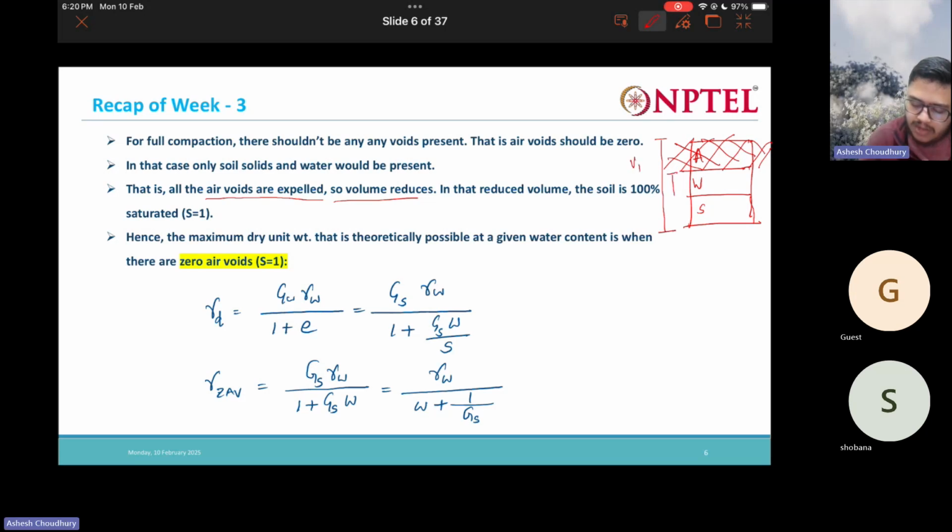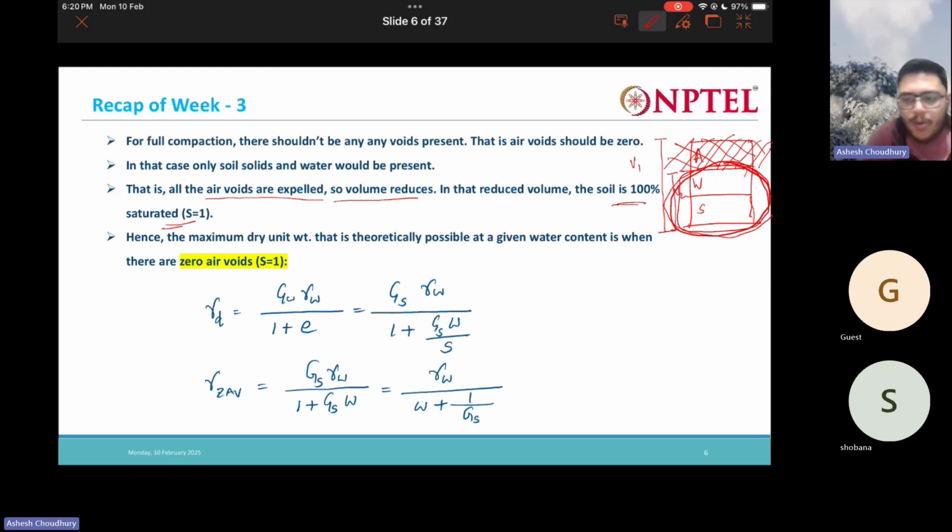Now the volume of the complete soil mass will be reduced to this V2. This much you have eliminated by compaction, so the total volume is going to reduce. Hence, this part forms our soil, and here you can call the soil such that it is 100% saturated.